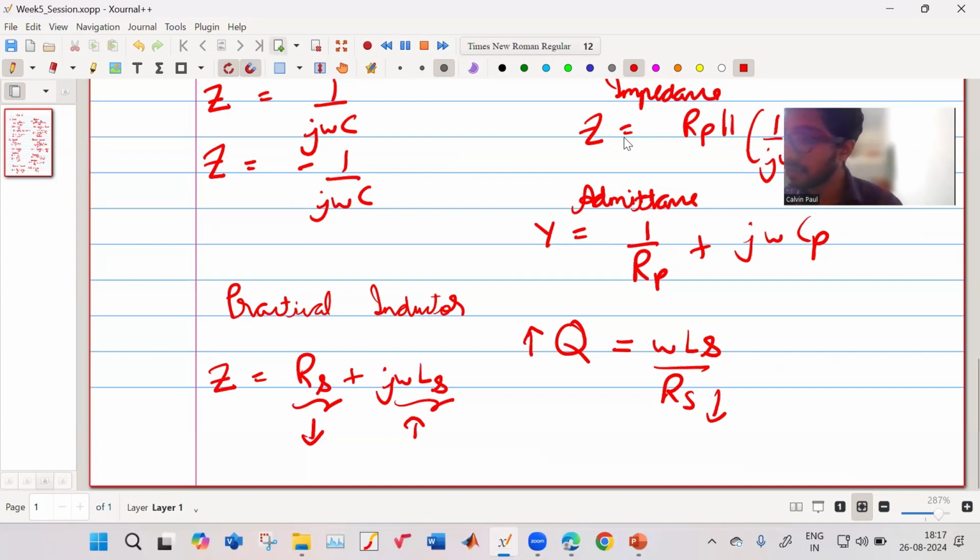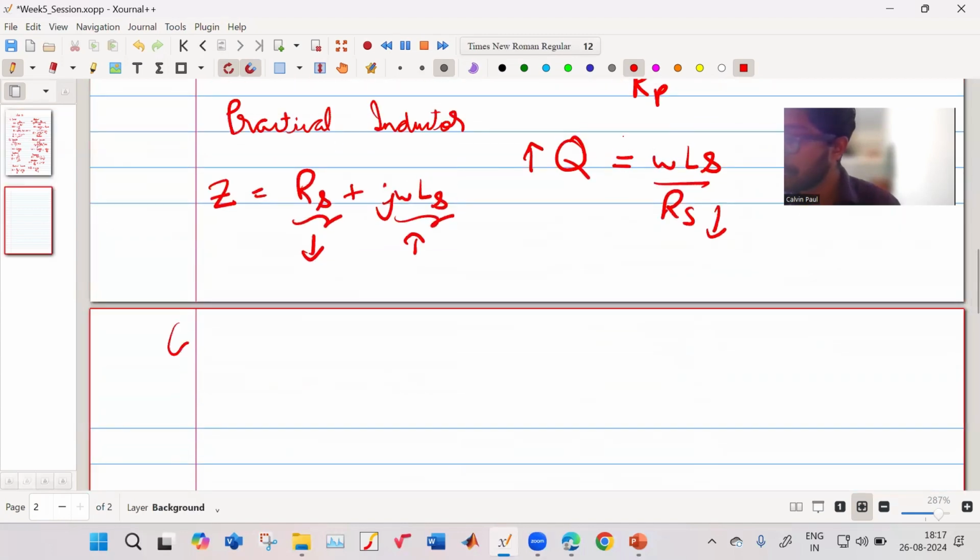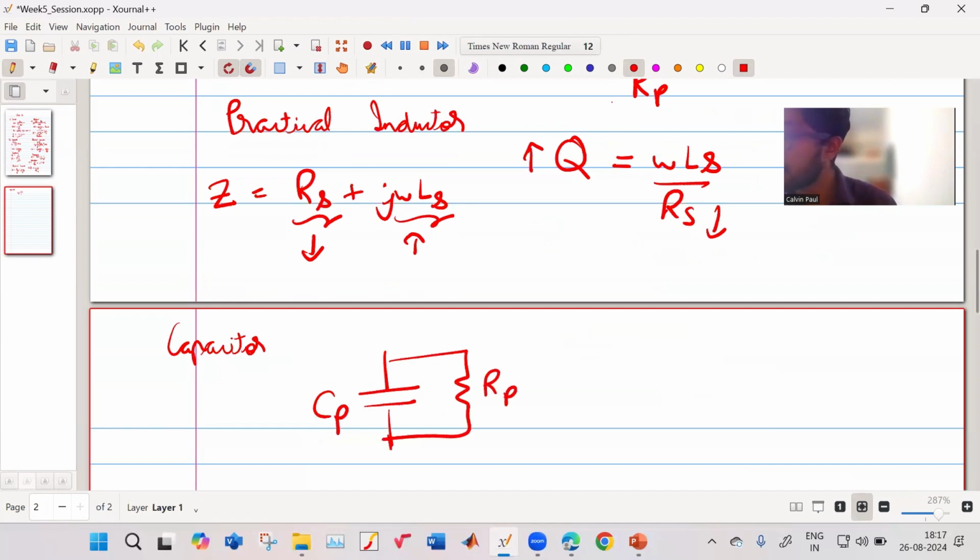Similarly, for a capacitor, it is Cp and Rp, right?